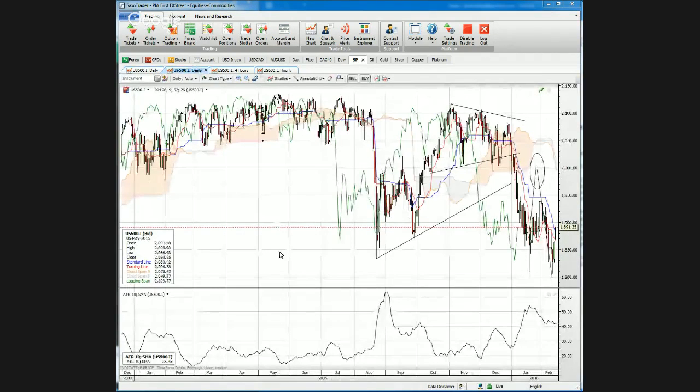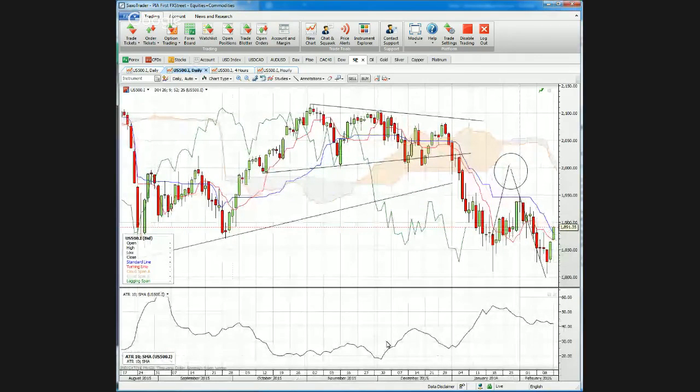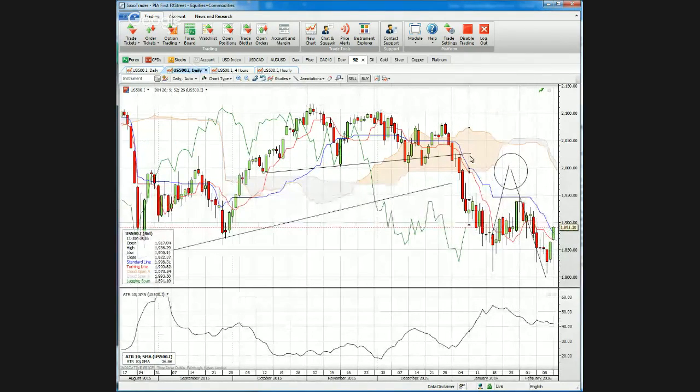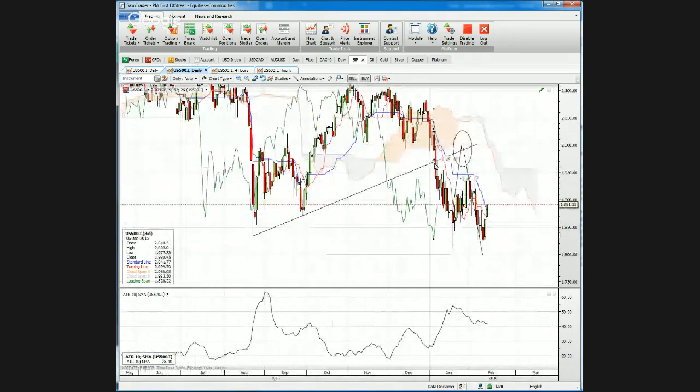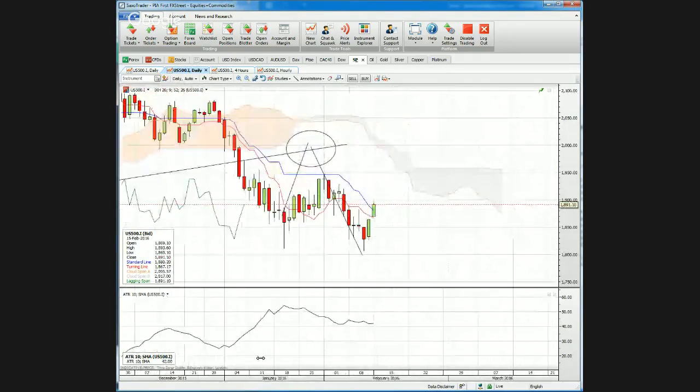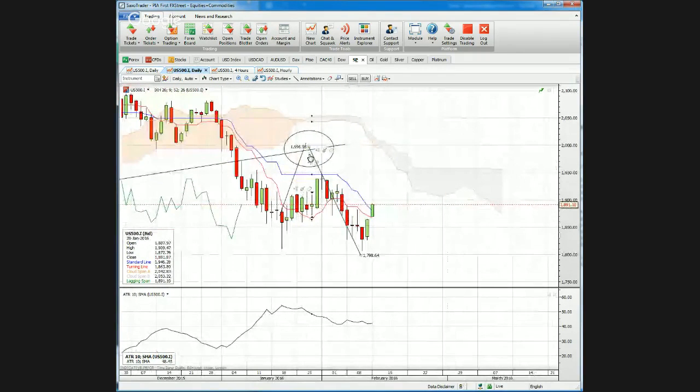Let's focus a bit more on the S&Ps. Again, formations and lines drawn from a few weeks ago. We were looking for a break of this level to be quite key. Once we got this bullish hammer, we expected a return or resistance to be around this area.